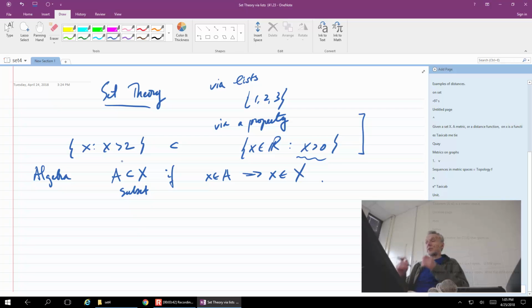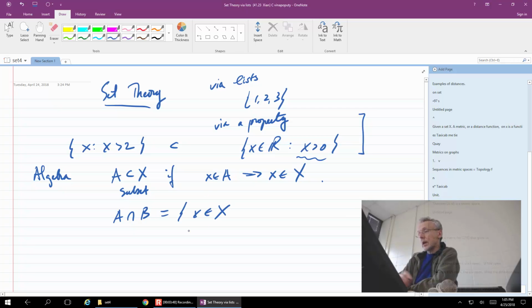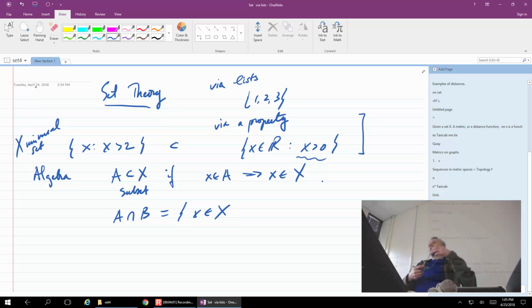That's subset. And then we form A intersection B very explicitly, assuming that X is the universal set. Either you call it the ambient set or the universal set. It means that all the operations with sets you're going to be doing, all those sets are subsets of X. Okay, so it is kind of restricting your attention to something that we know is a set.